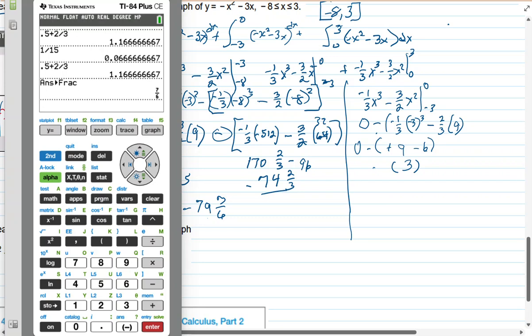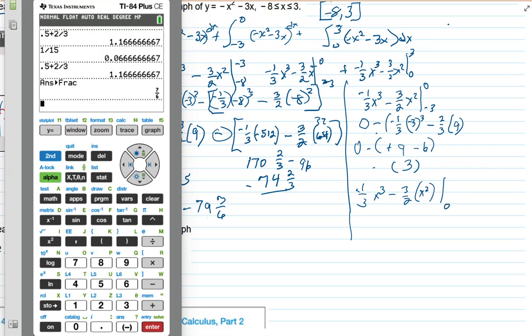And then I'm going to have the -3. And that one's going to be from the 0 to the 3. And we're going to get the same number up here, but reversed. And it's 27, yes.